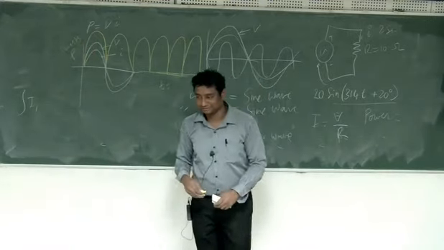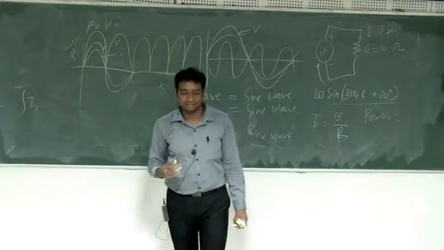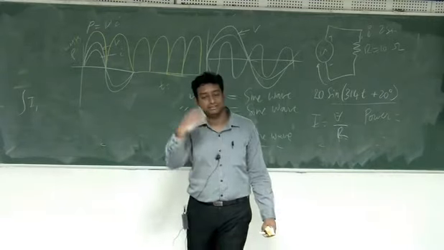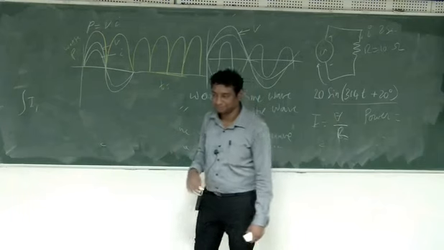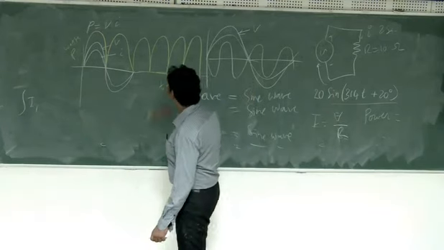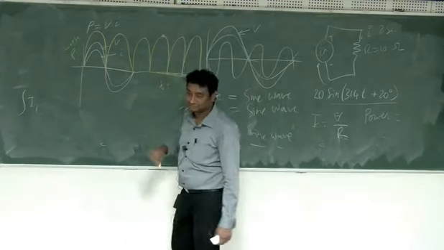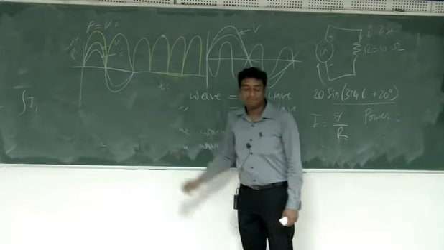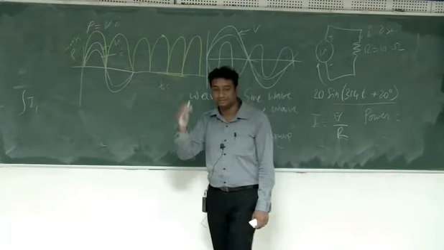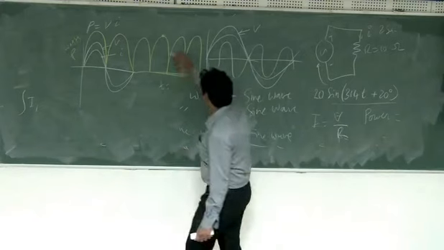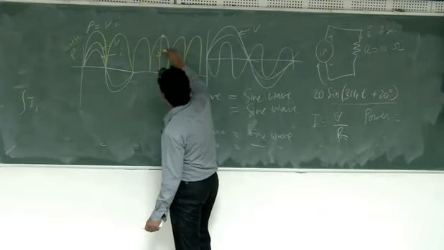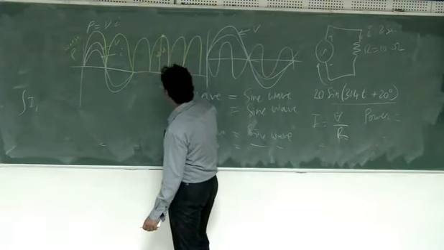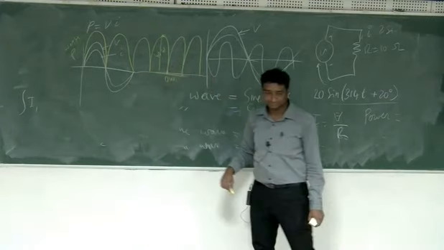At some time the power is 0, there is no power flowing. But at some times the power is at its maximum value. So what is this maximum value? Amplitude of V into amplitude of I, so 20 into 2, 40 watts. So here the power is 40 watts and here the power is 0 watts.